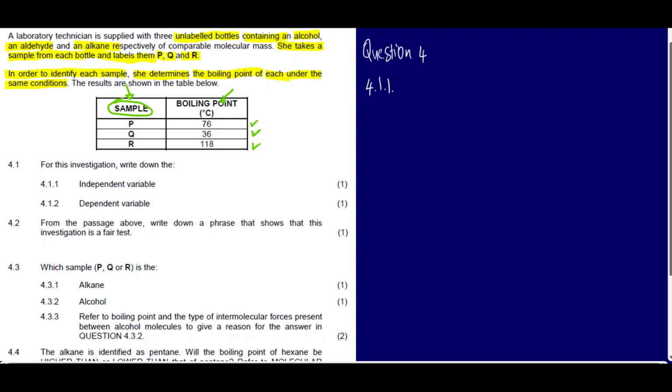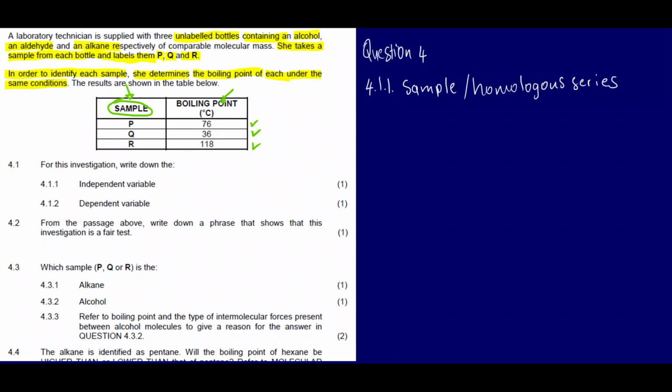4.1.1, the independent variable here is the sample. We can also write the homologous series, because those compounds were organic compounds having the same molecular formula and the same molecular mass.